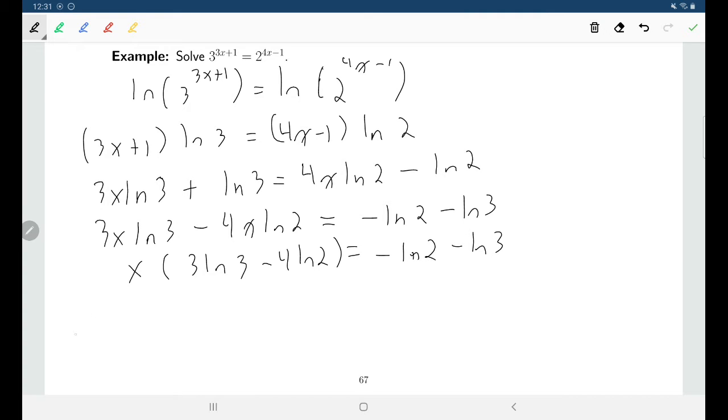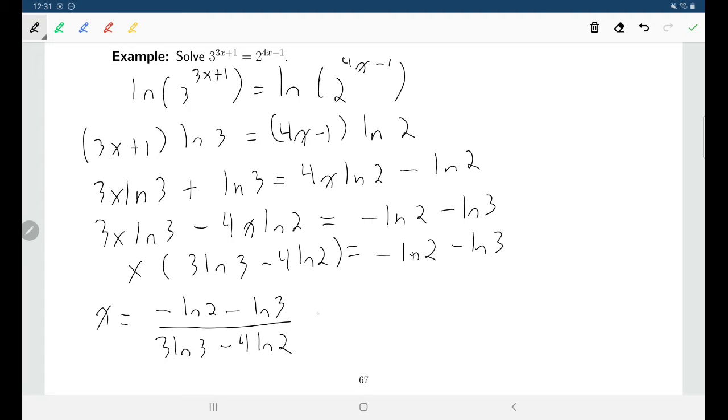Then dividing by that expression will give me x. So x is equal to negative natural log of 2 minus natural log of 3 all over 3 natural log of 3 minus 4 natural log of 2.